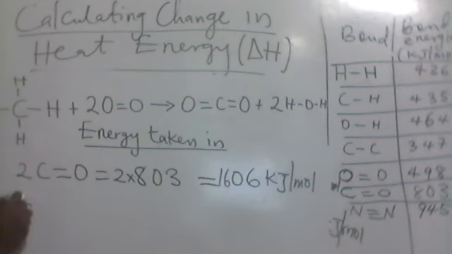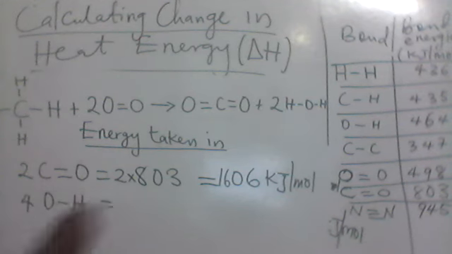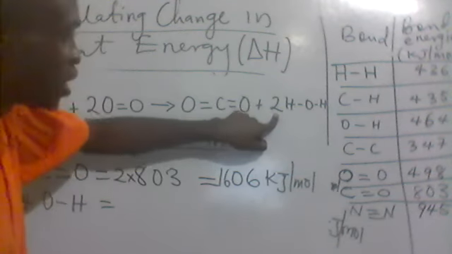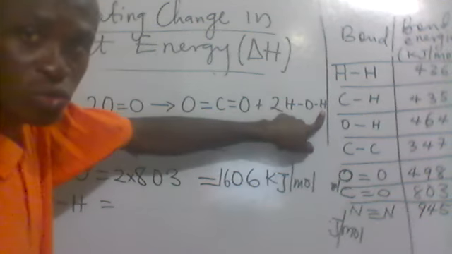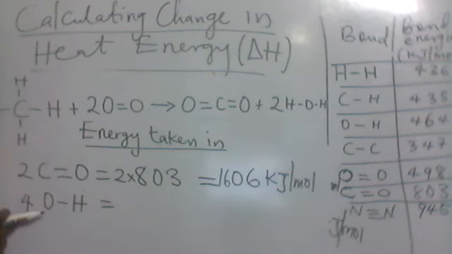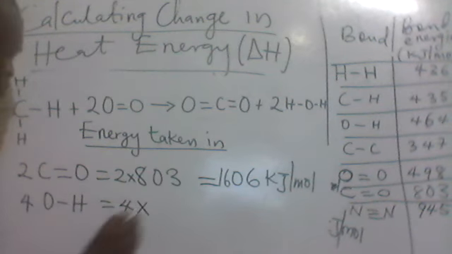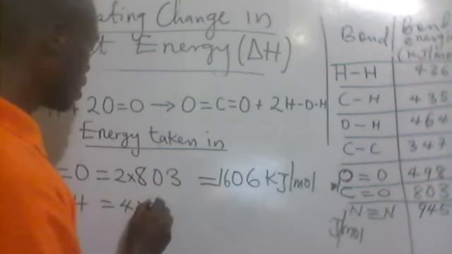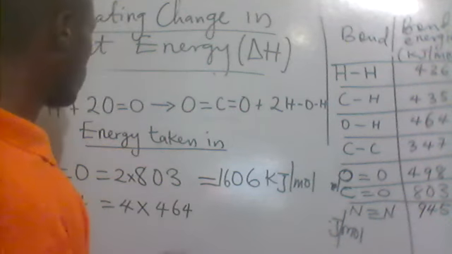So we have 4 times oxygen to hydrogen, that is 464.